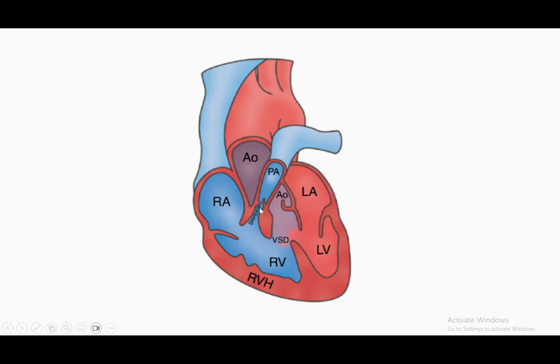These four pathologies are the result of only one original anomaly. So the tetralogy of Fallot is actually a single anomaly that resulted in this tetralogy. The primary pathology is the anterior deviation of the conal septum towards the pulmonary artery anteriorly.